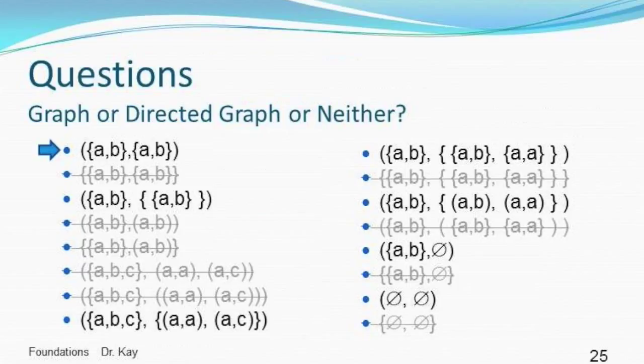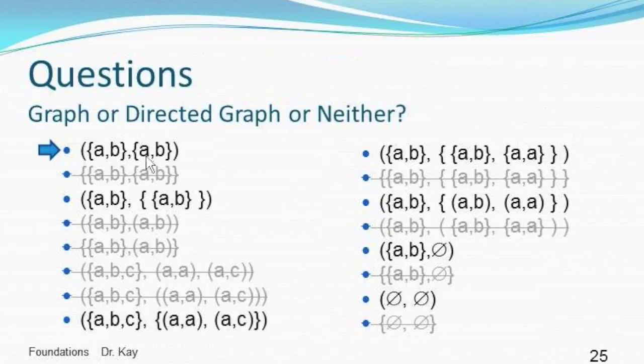So now let's just look through each of the remaining ones and say, is it a graph? Is it a directed graph? Is it both, or is it neither? If we look at this first one, we have a two tuple, right? Because there's two things inside of this tuple. The first thing's a set, the second thing's a set, so that's good. This could be the vertices, right? That looks good to me.